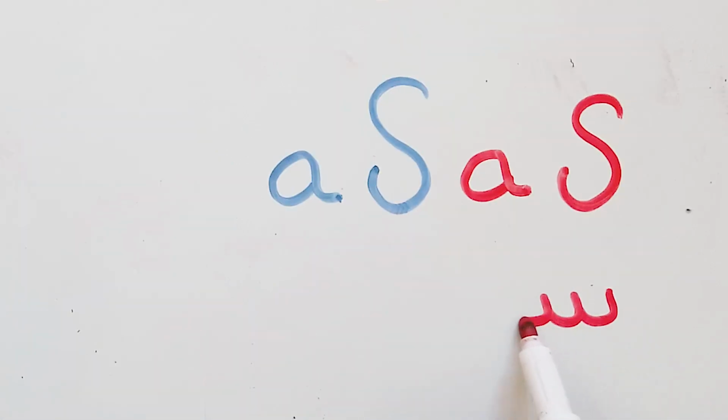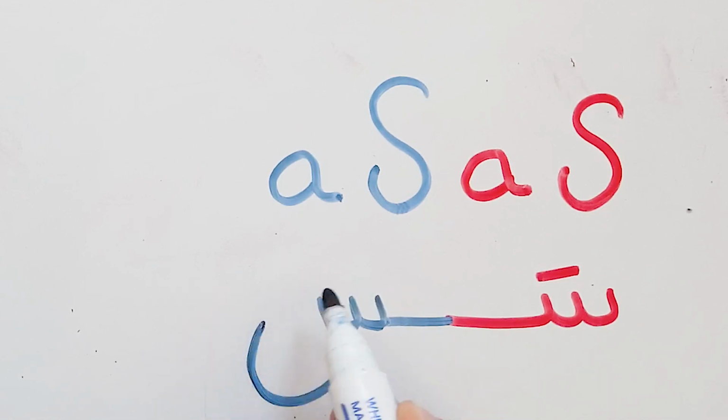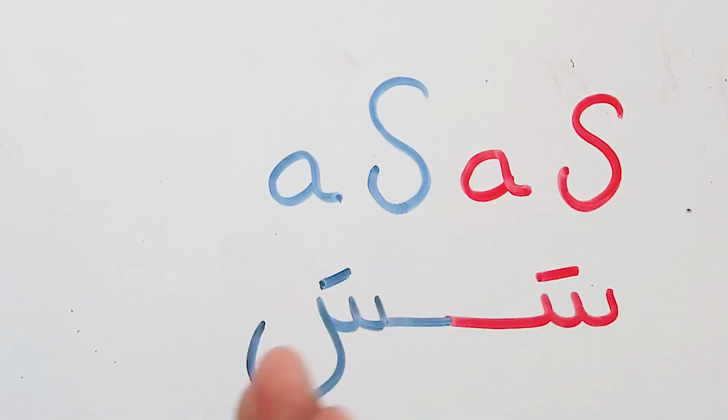Pay attention. Sa in the beginning of the word. And now let's see sa in the end of the word. So we have sa. Sa is a normal letter. It can get connected from the left side and the right side. There is no problem, okay?